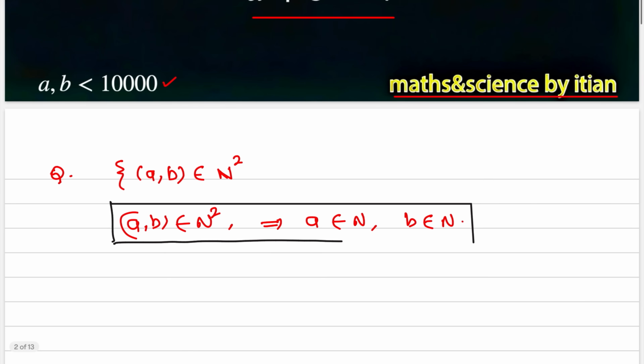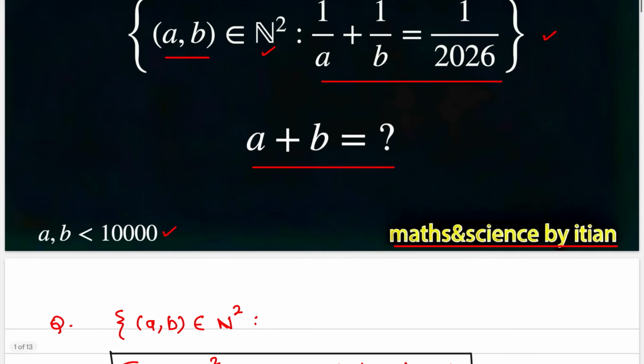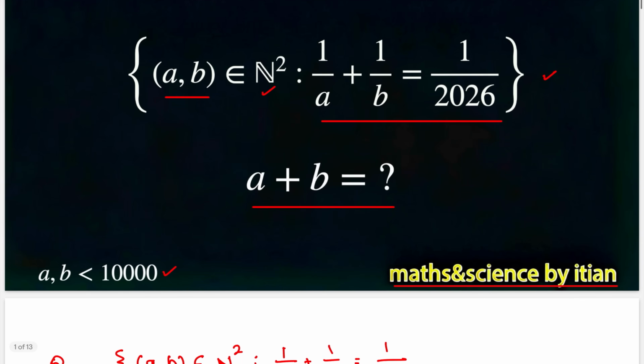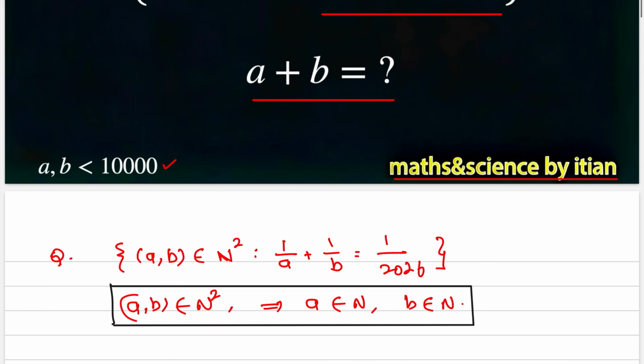When a pair of two numbers belong to the same set, like the set of natural numbers here, (A, B) belongs to N square, such that 1 by A plus 1 by B is equal to 1 by 2026. This is the condition.